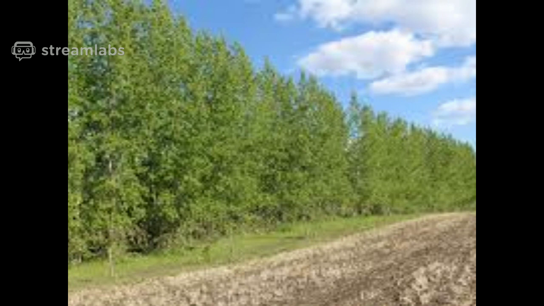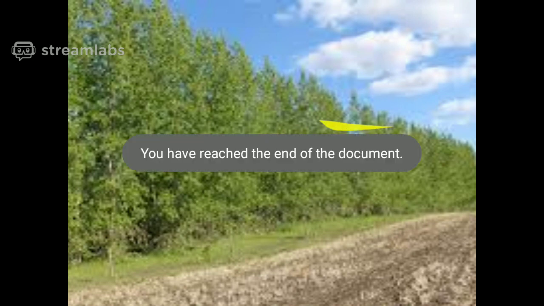This is one of the steps by which land can be made fertile again, or reclaimed, or renewed. I hope this is clear to you. Okay, now we come back once again.